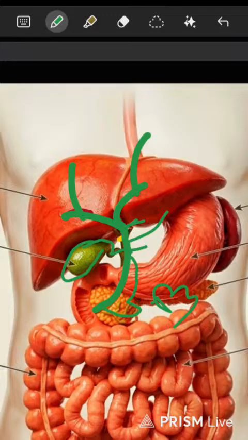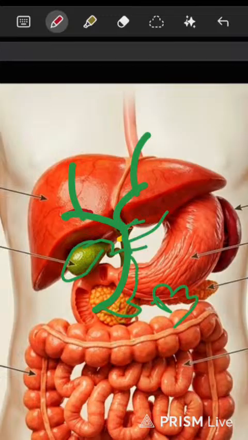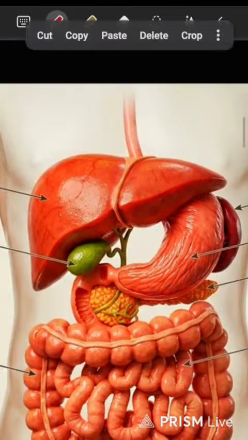I changed the color. From the right and left hepatic ducts, both connect. After that, the gallbladder is connected at that point. So this part is called the common hepatic duct, CHD.